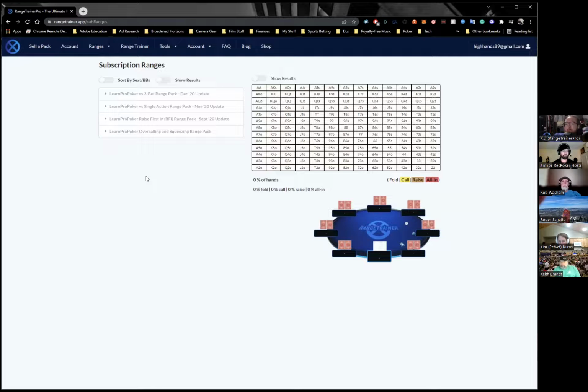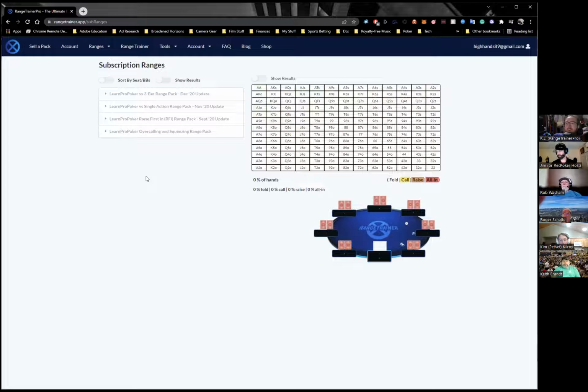It was about 900 individually sold pre-flop ranges, ranging from raise first in to facing a three bet to facing an action in front of you and how you respond, and then some three-way stuff with overcalling and squeezing.